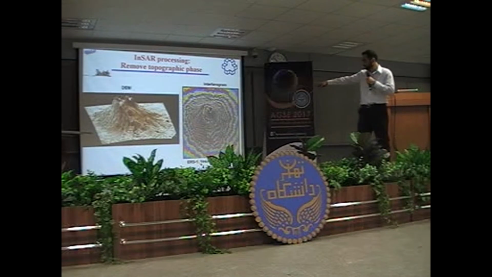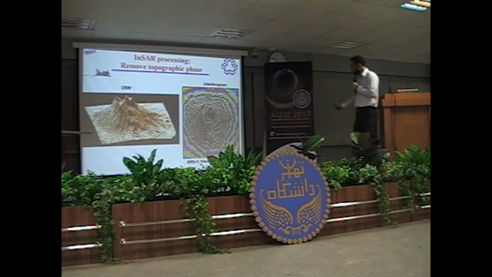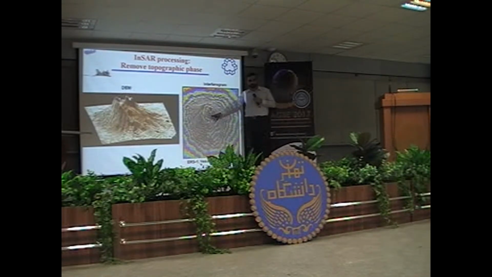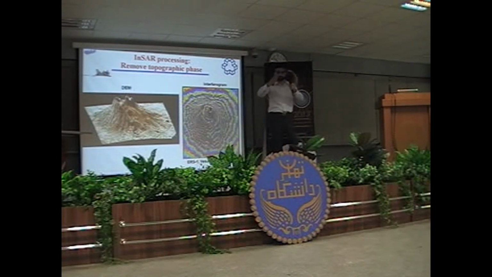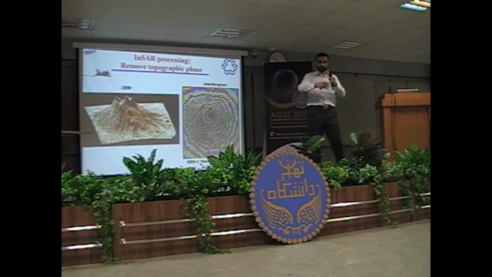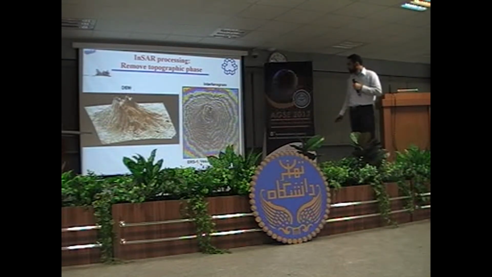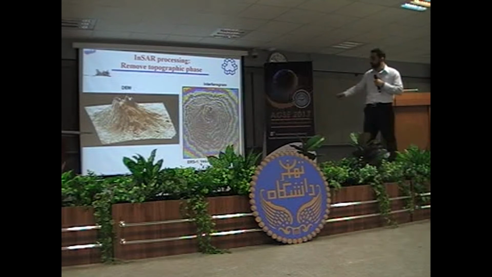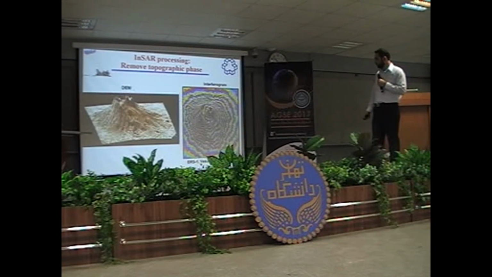So if the fringes are closer to each other, then it means that there is a larger height difference in that area. There's a larger topography in this area compared to this area. You see? So this is how a digital elevation model can be calculated from an interferogram.